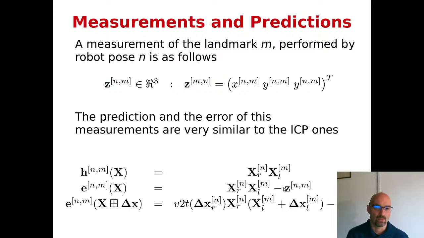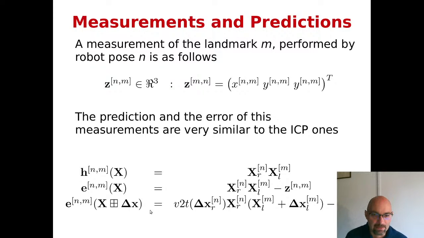Similarly, once we want to write down the error at the perturbation, we observe that since the prediction of the landmark M with respect to the robot pose N only depends on the location of the robot and the location of the landmark, when we write it at the perturbation, we will find that all other components of delta x are not appearing, because if I perturb another robot position, this doesn't have any effect on the observation of a landmark that I'm doing from this robot position.